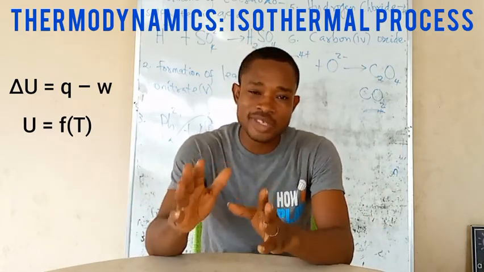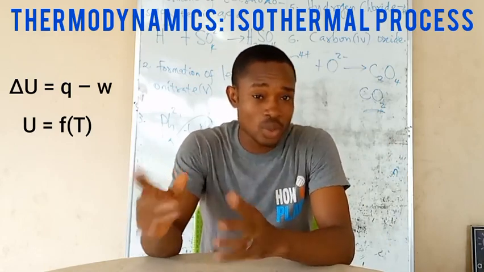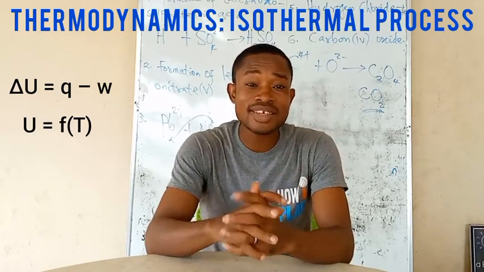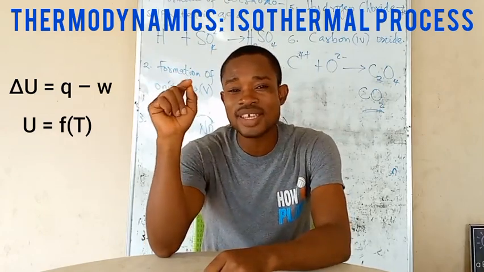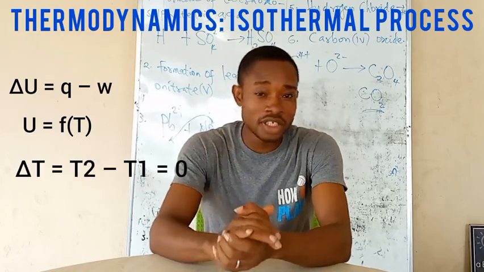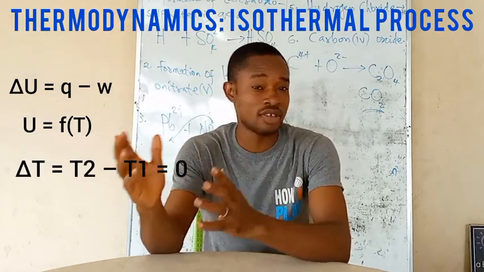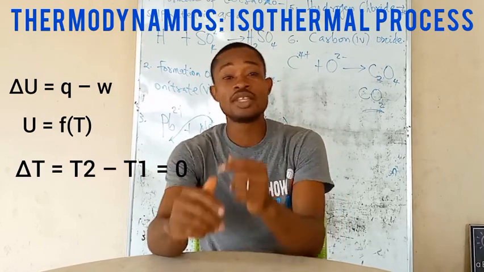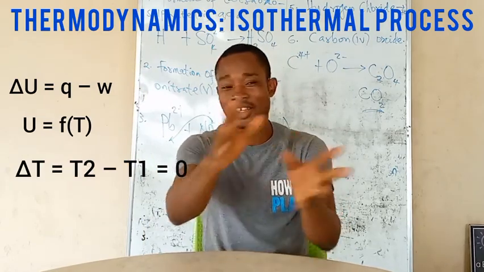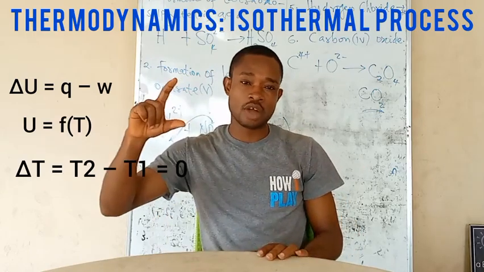Now, for a process that is constant with respect to temperature, it means that if I evaluate T2 minus T1, that is simply change in temperature, final temperature minus initial temperature, I am going to get 0. Are you surprised? Okay, let us get to understand the reason. Temperature is constant.